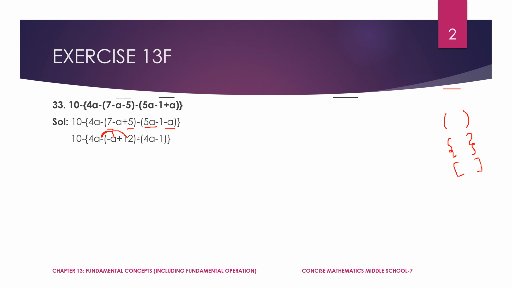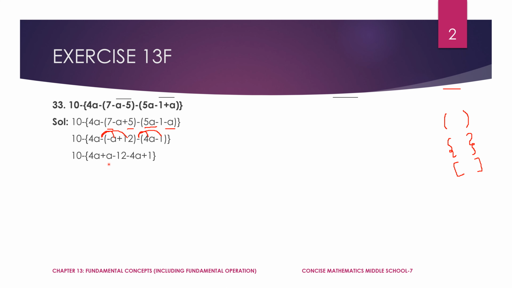Even here the minus should be multiplied with first term, minus should be multiplied with second term. So what you get is 10 minus 4a, minus into minus plus a, minus into plus is minus 12. Minus into plus is minus 4a, minus into minus is plus 1, right? I hope it's very clear.